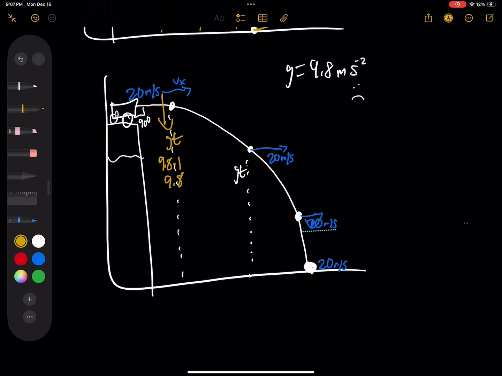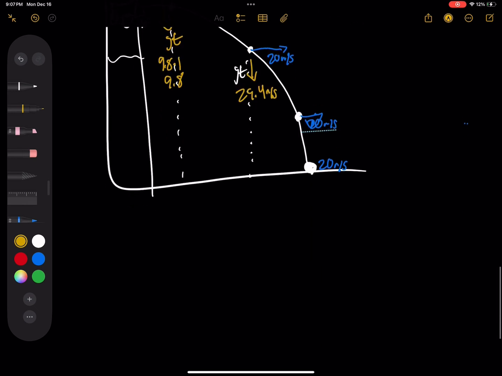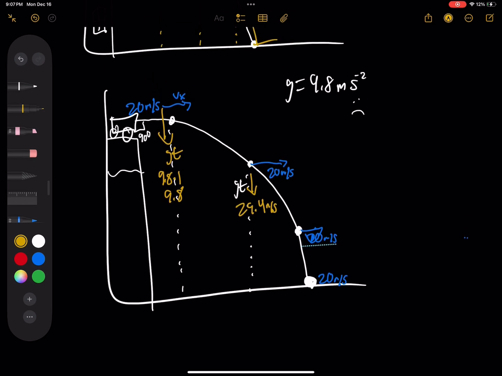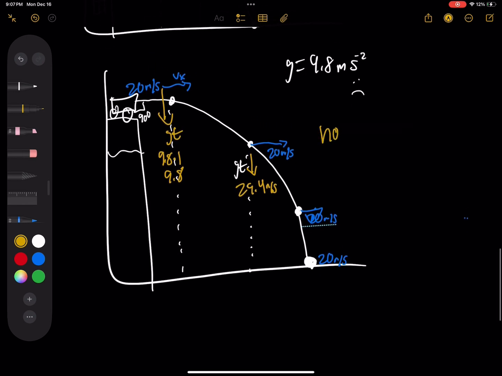Or let's say it's 3. So you'd have 9.8 times 3, and that would be 29.4 meters per second, down. And just a reminder that the horizontal velocity is all the same because there is no air resistance.